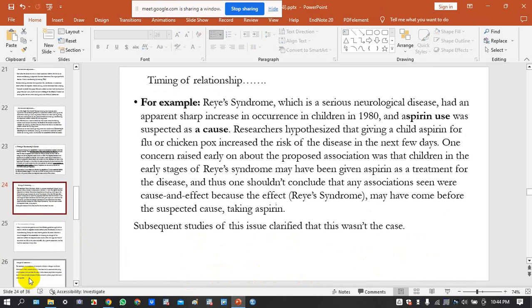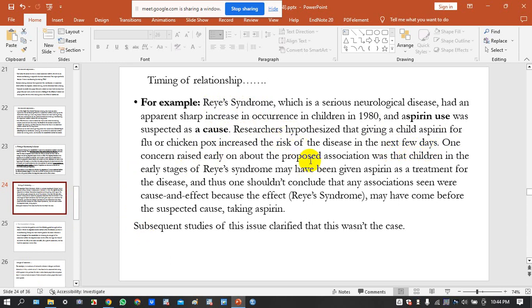Okay, so for example, you go and read this. They were saying that there was a study done in 1980. Reye's syndrome is a disease associated with the liver, fatty liver. So researchers hypothesized that giving a child aspirin for flu or chickenpox increased the risk of the disease in the next few days.